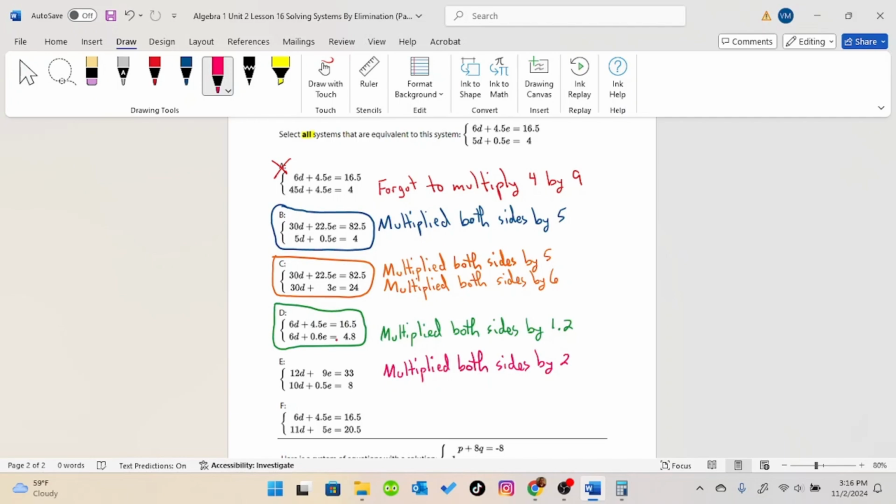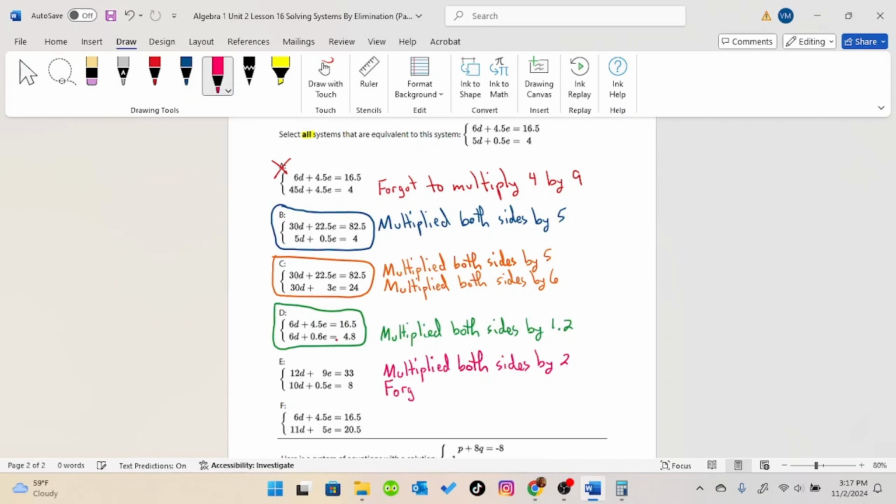Now we check the bottom. They went from 5D on the bottom to 10D on the bottom, so they multiplied by 2. But they didn't change the 0.5E. And then they went from 4 to 8 on the bottom by multiplying by 2.